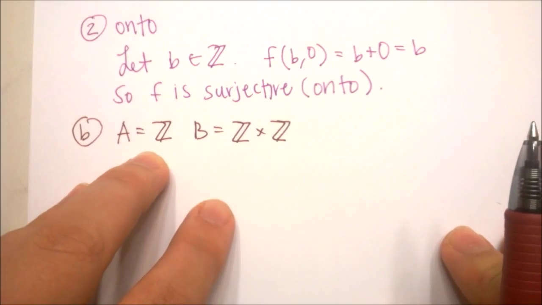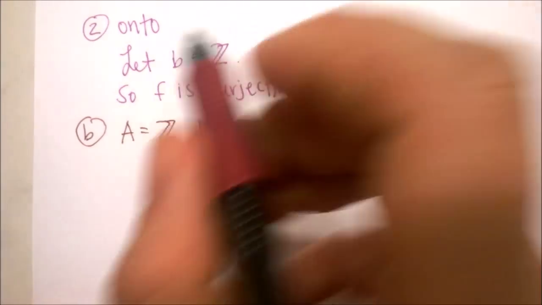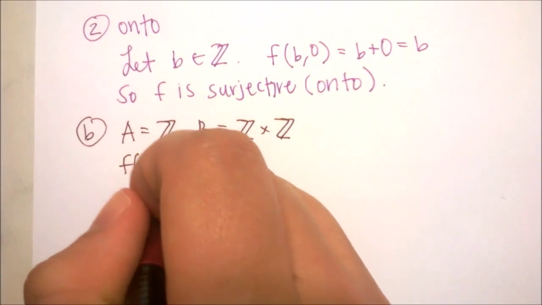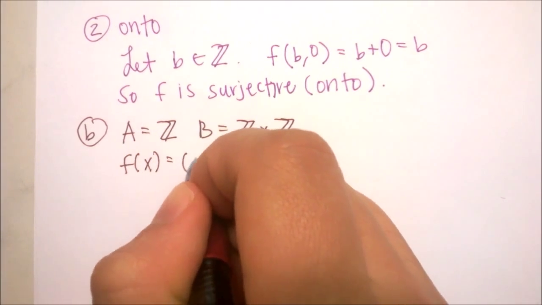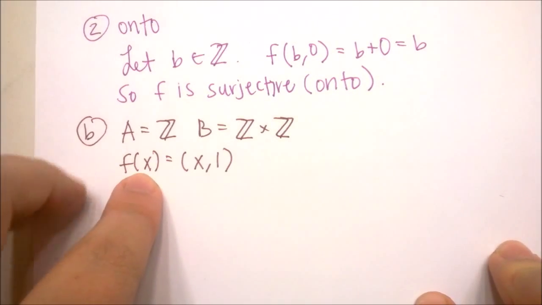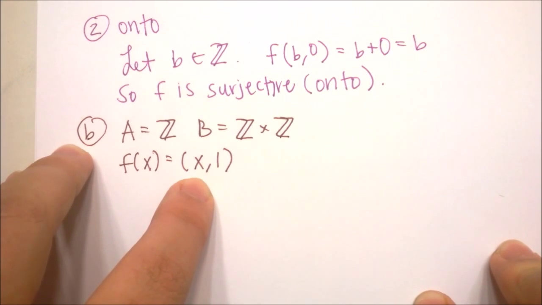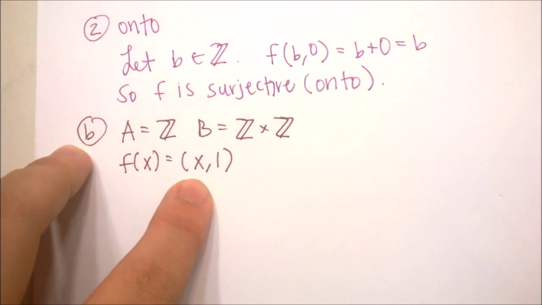We're going to take an integer and the output is going to be an ordered pair. So here our f is going to be defined, f of x equals x comma 1. So x is going to be all the integers. So this is going to look like 1, 1, 2, 1, 3, 1, and so on. And then it can also go in the negative direction.